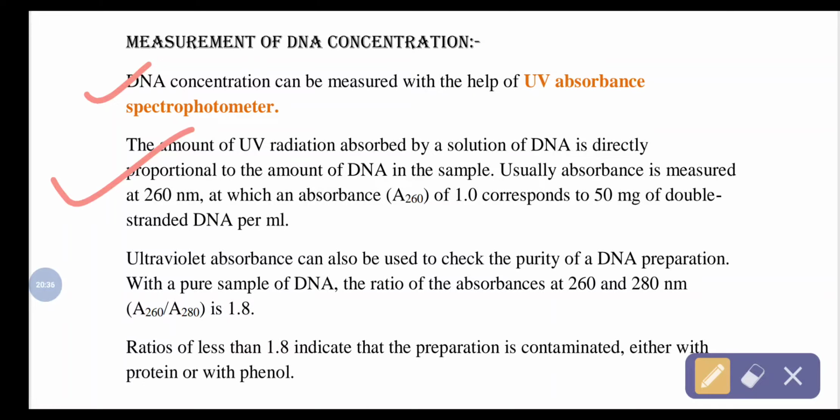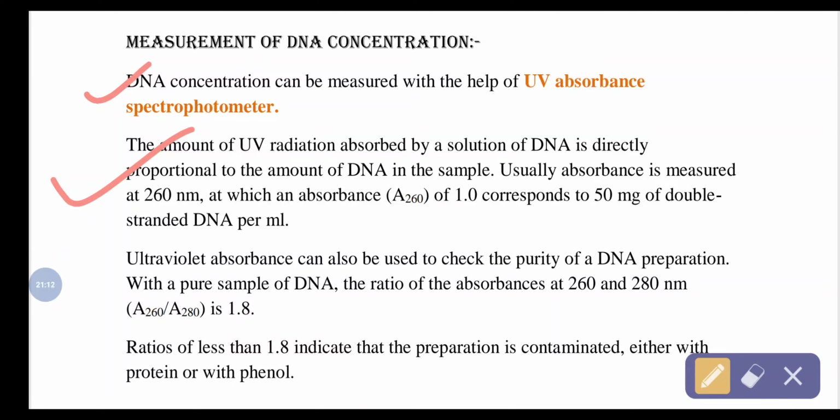Usually we measure the absorbance at around 260 nanometers, and if you are getting an absorbance of 1, it means that in the sample you have around 50 mg of double stranded DNA per ml.